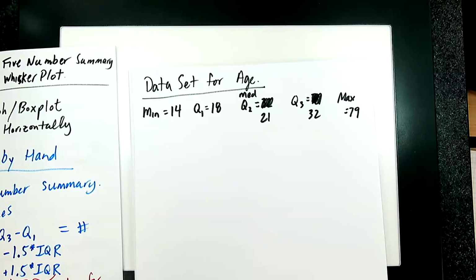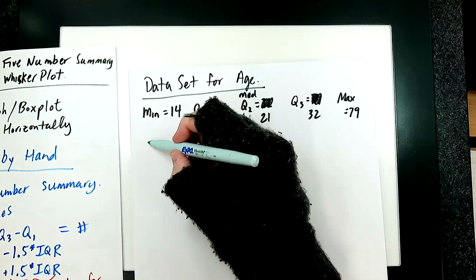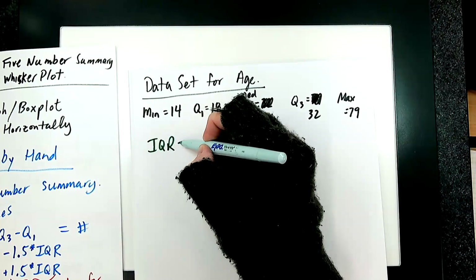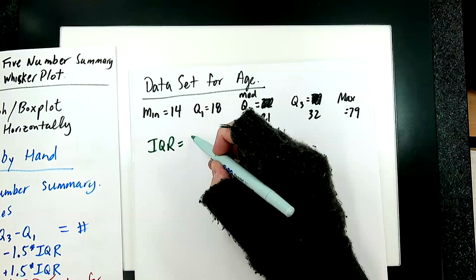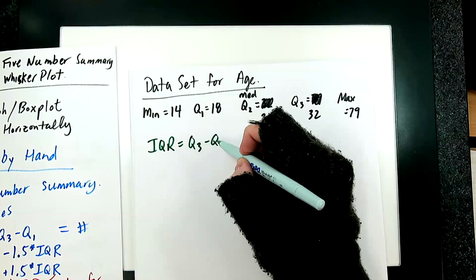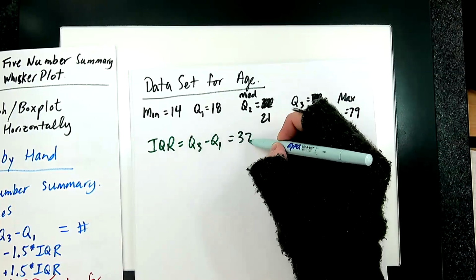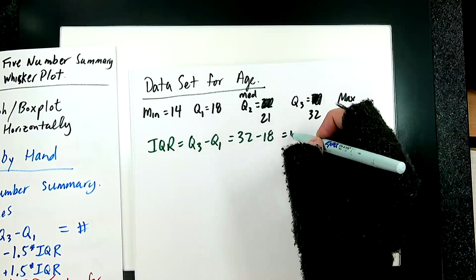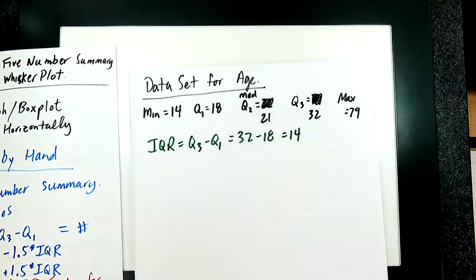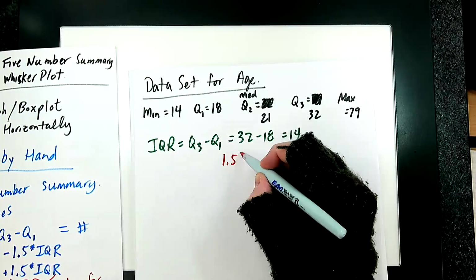For the fences, we need to find the IQR. And the program will tell us it, but IQR is really easy. It's Q3 minus Q1, or 32 minus 18, which is 14. And I know I'm going to need 1.5 times that for some calculations here.